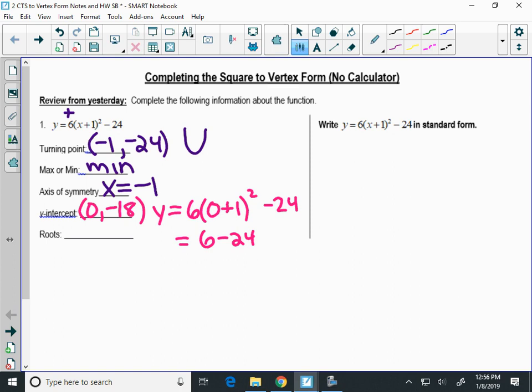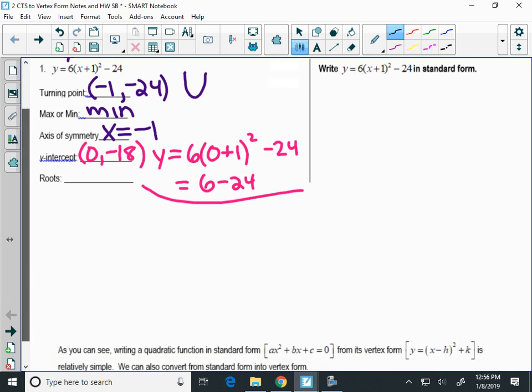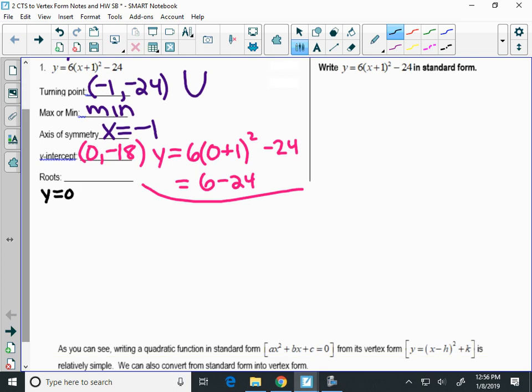And then if I can find the y-intercept, how do I find the x-intercepts? You make y 0. So we would put 0 in for y here, so we'd have 0 equals 6 times (x plus 1) squared minus 24. And you're going to solve that little equation for x. Which part do you have to start with when you're solving it for x?